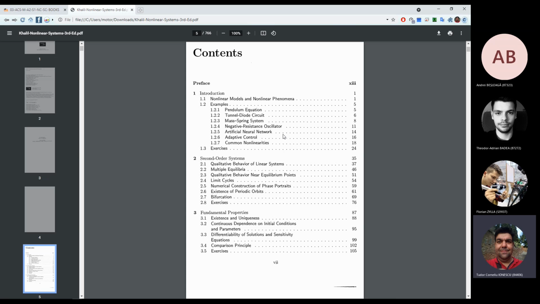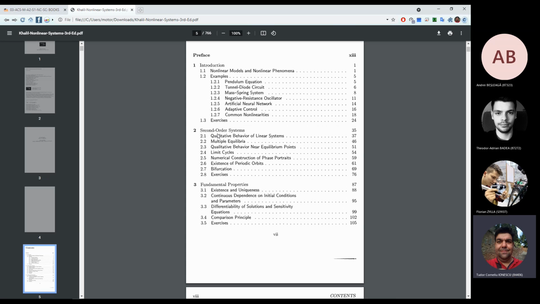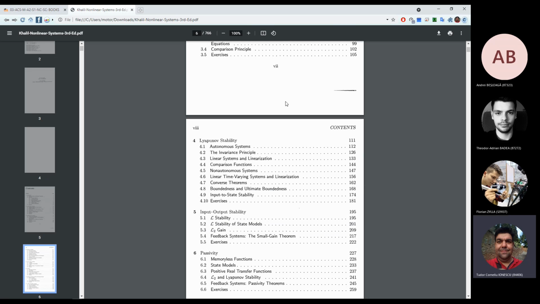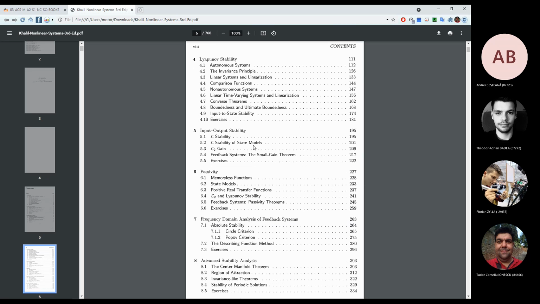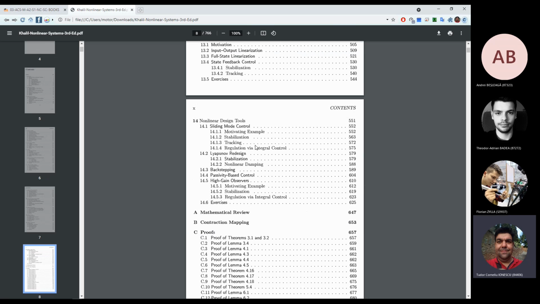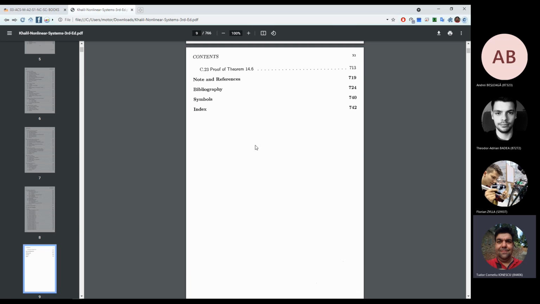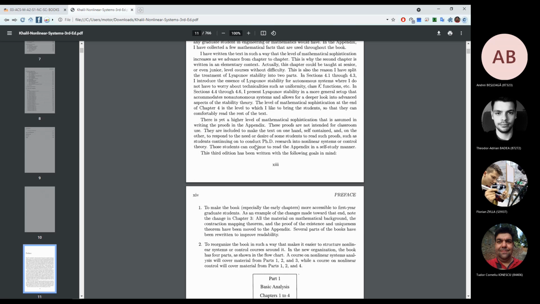Artificial neural network. Look, adaptive. So you can see you have examples, you have exercises, then you talk about second order systems. We are going to talk about that as well, because our class is structured based on this book. It's a huge book. Can you see? It covers everything.